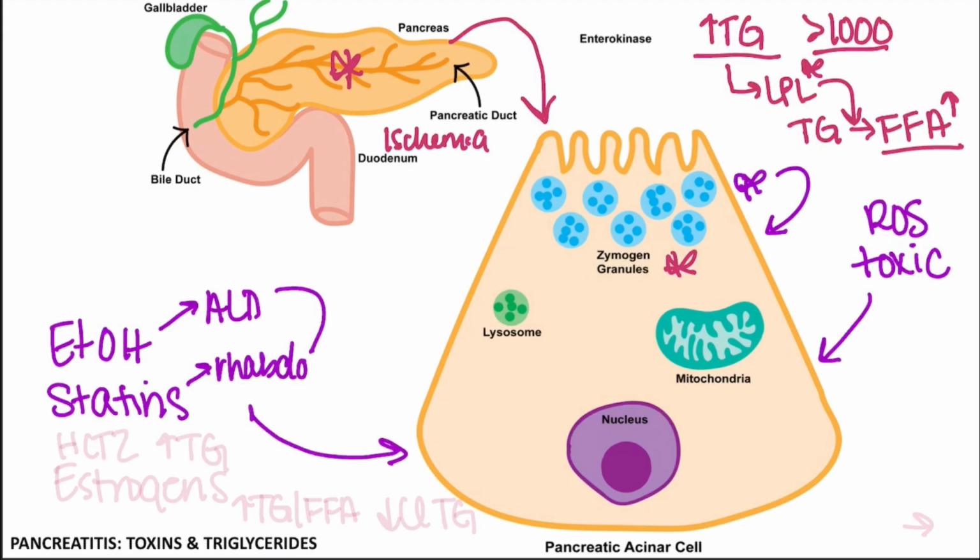Now, exogenous estrogens, like those in oral contraceptives and hormone replacement therapies, can increase triglyceride levels and free fatty acid levels by decreasing the clearance of triglycerides, and this is through a reduction in lipase expression and lipoprotein expression in the liver.